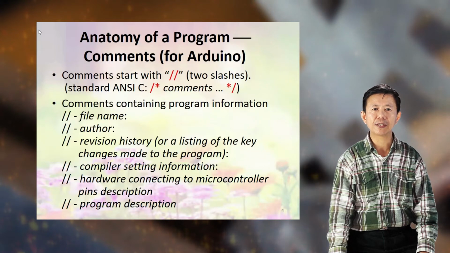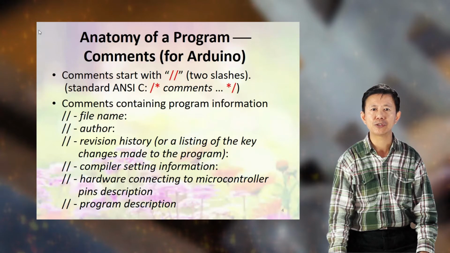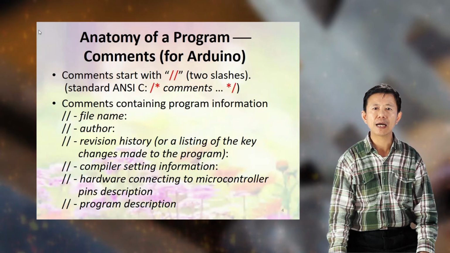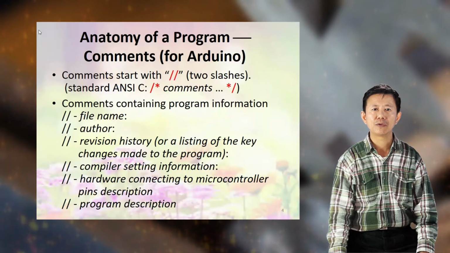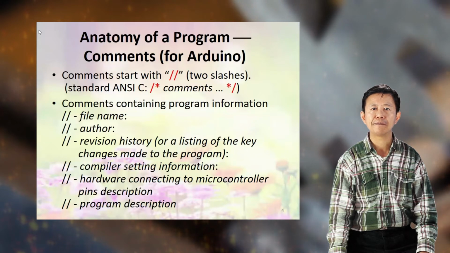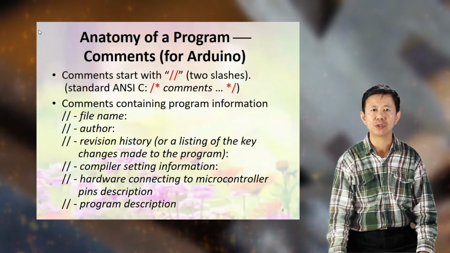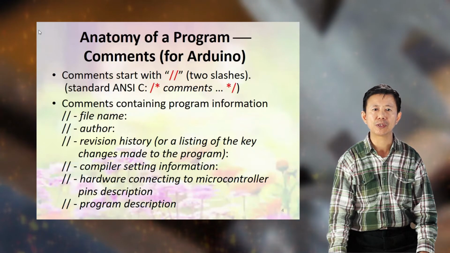Comments start with the /* combination and end with the */ combination. Comments contain program information as follows: file name, author, revision history, or a listing of the key changes made to the program, compiler setting information, a description of the hardware connecting to microcontroller pins, and program description.